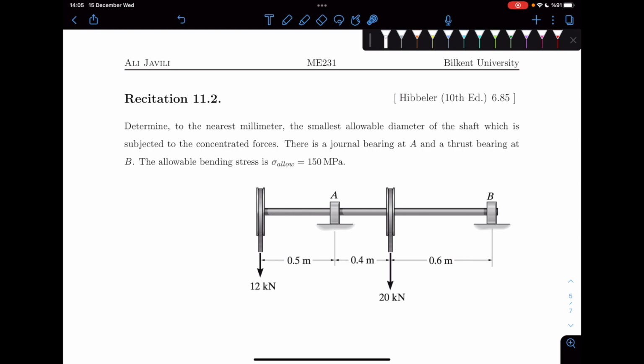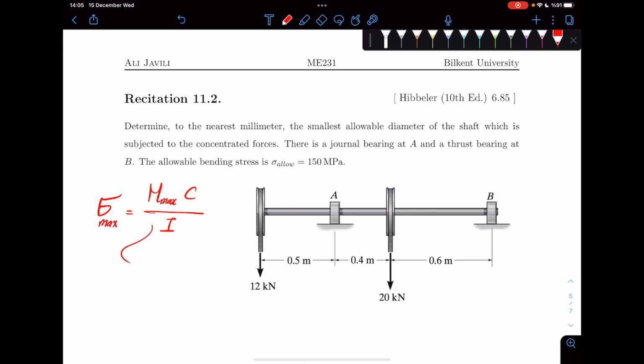You have a journal bearing at A and a thrust bearing at B, and your allowable stress is sigma 150 megapascal. In order to do this, we use our formula, sigma equals MC over I, or sigma max is equal to M max times C divided by I.